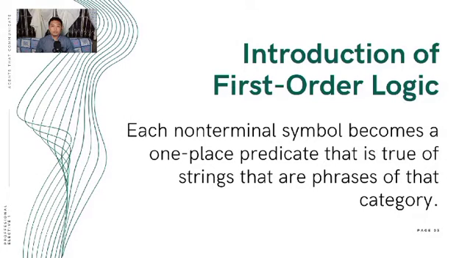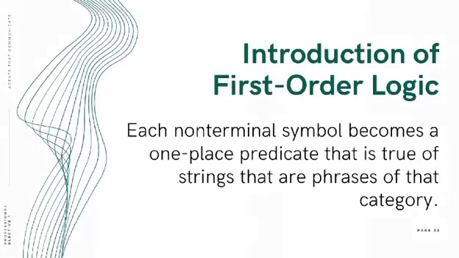Each non-terminal symbol becomes a one-place predicate that is true of strings that are phrases of the category. So we are introducing now first-order logic. For example, the noun stench is a true logical sentence, whereas the noun they is false. It is easy to write BNF rules as logical implication sentences in first-order logic, as can be seen in the slide.